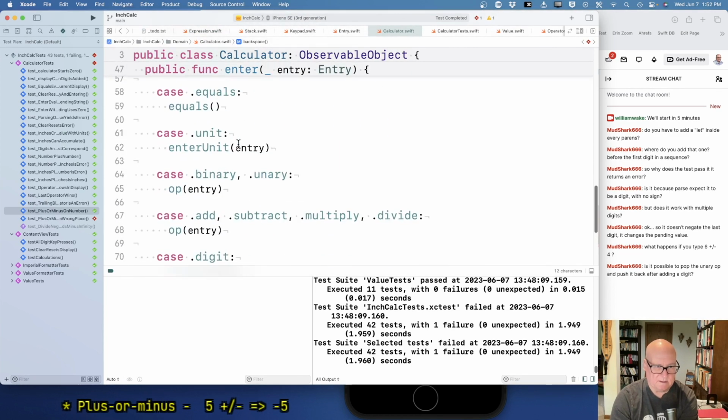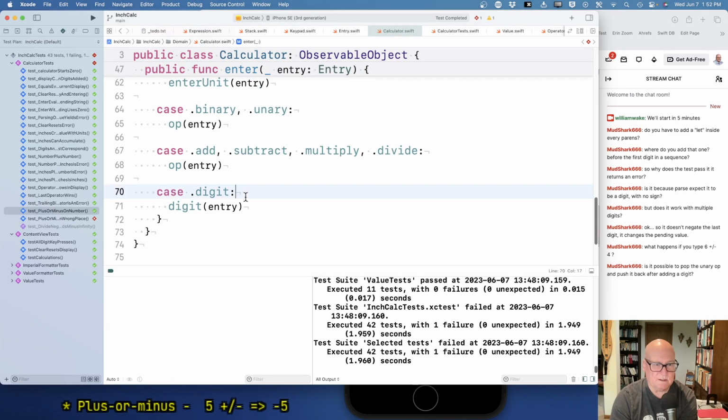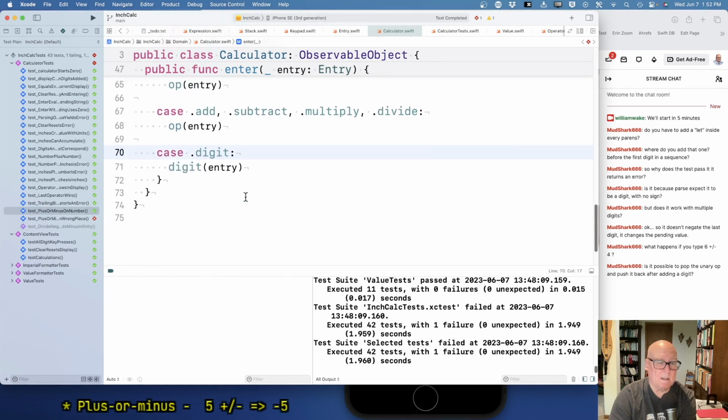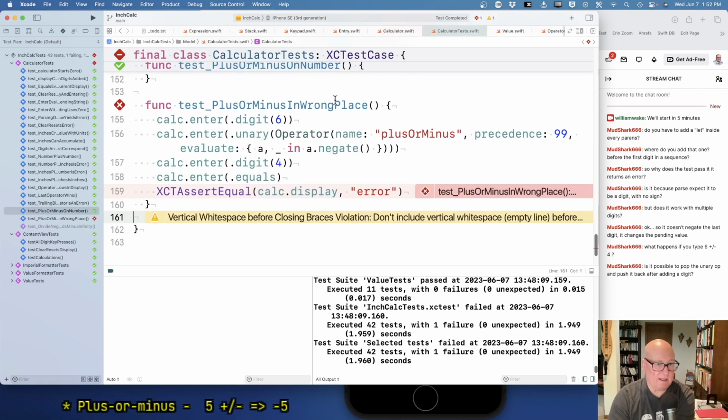Yeah, I think what you're saying is if the previous one is an operator, there's no problem. But if it was a unary op, then you haven't put an operator. Okay. Yeah, let's make that. Okay, so that would take this error out.